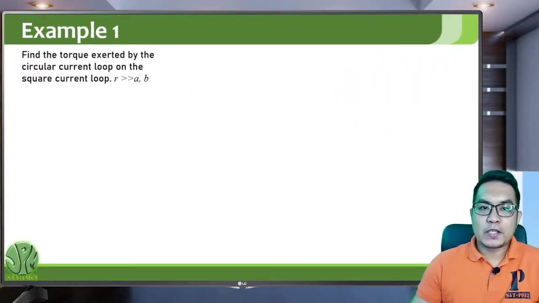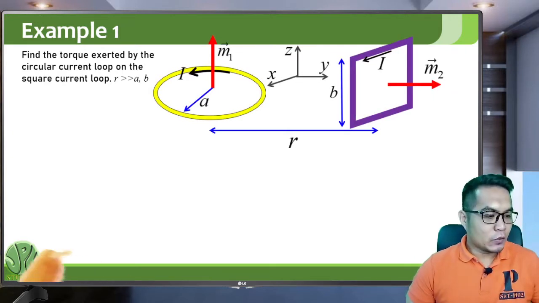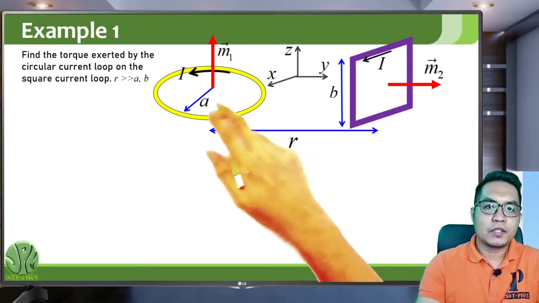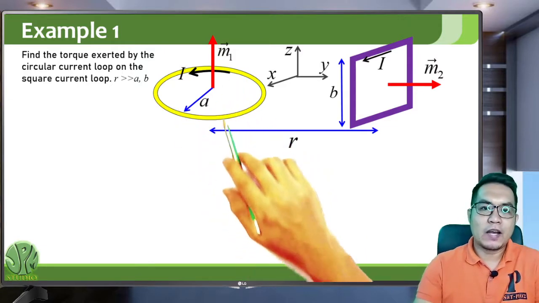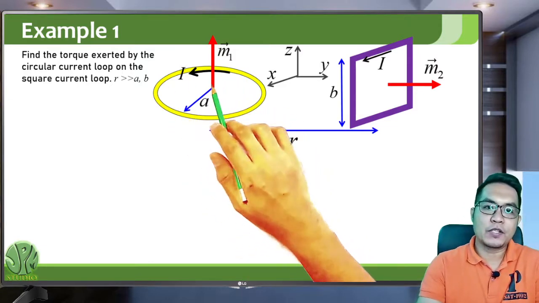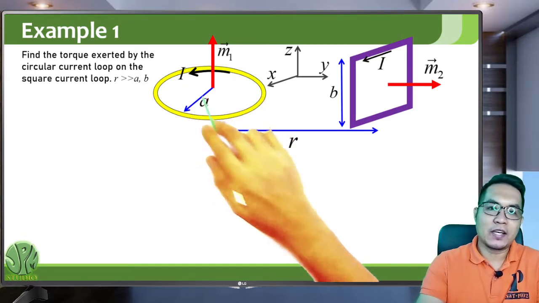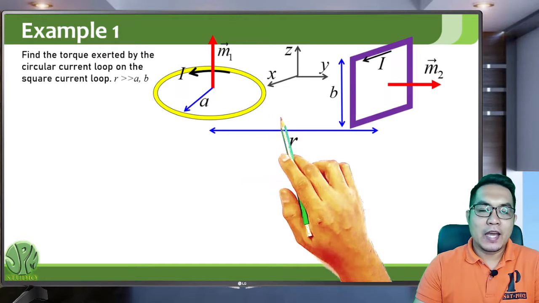So let's have a first example. Find the torque exerted by the circular current loop on the square current loop. You have a circular current loop with radius a, dipole moment m1, carrying a current I, in the XY plane.